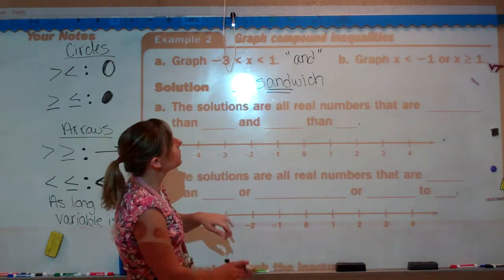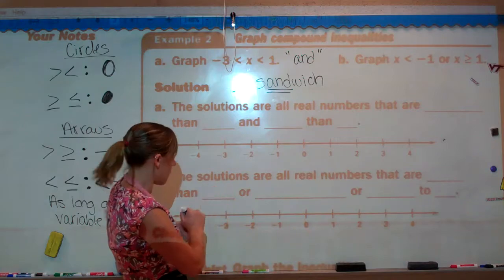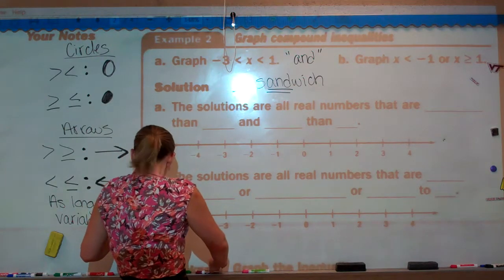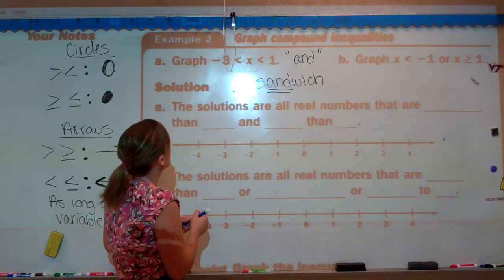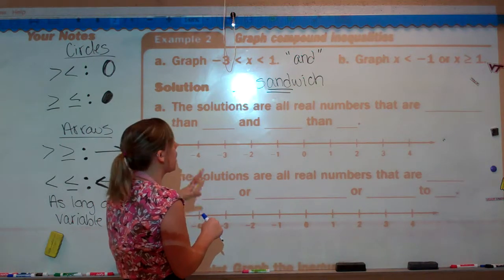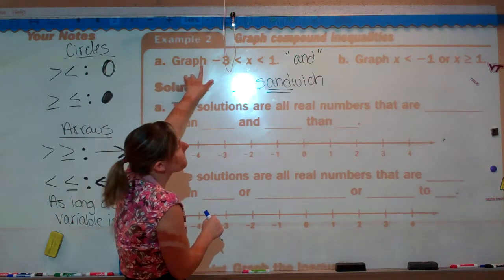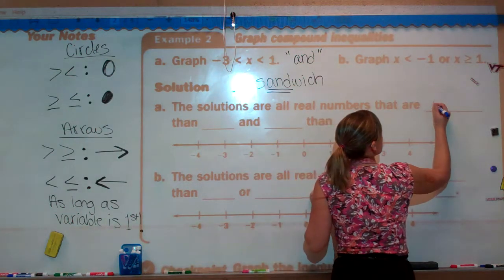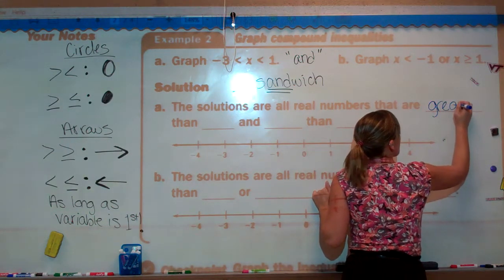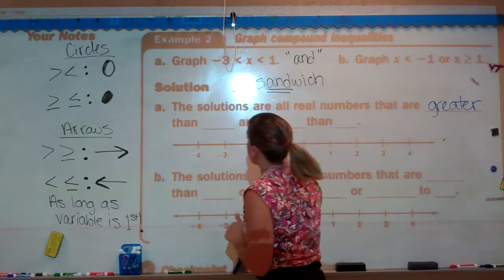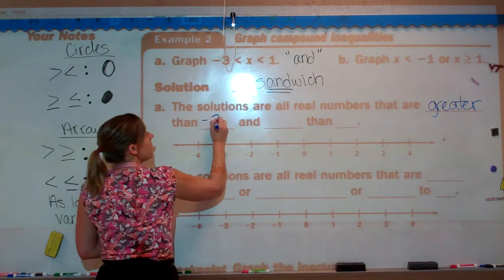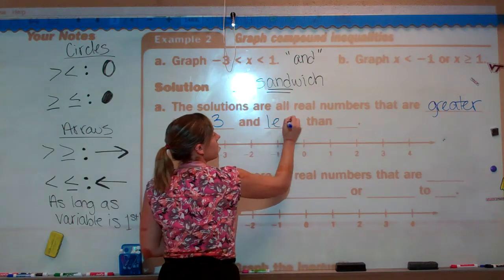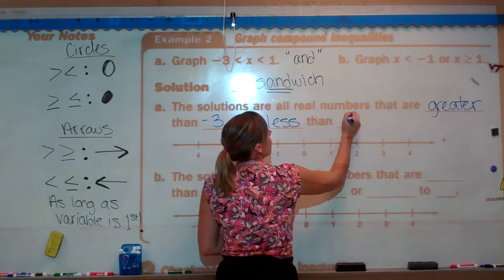So the solutions are all real numbers that are greater than -3, and less than 1, okay?